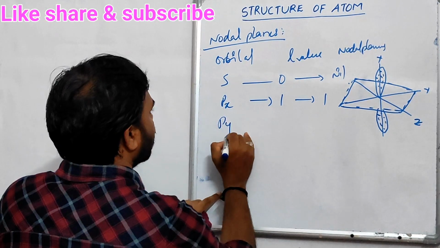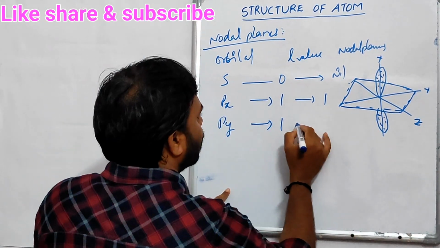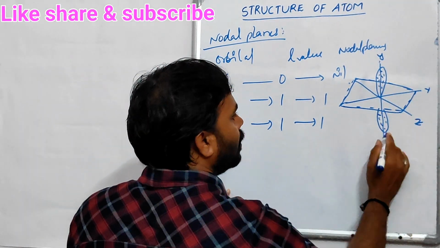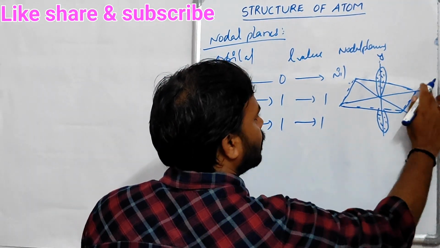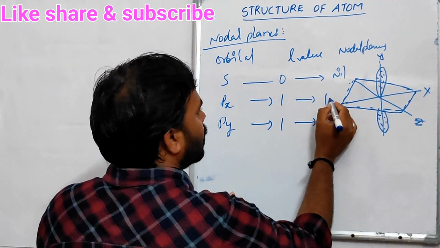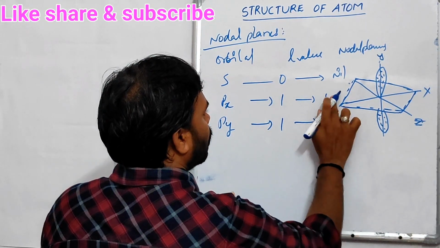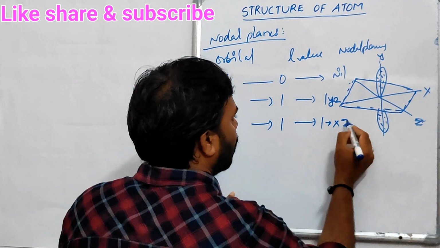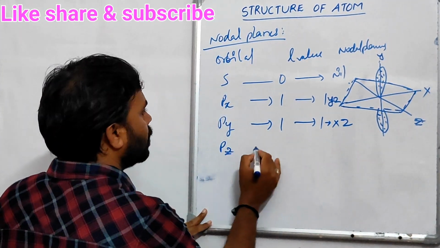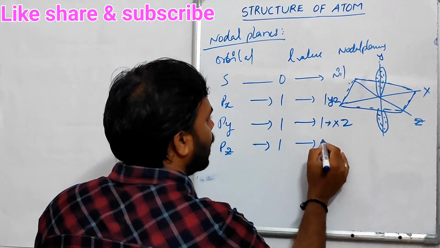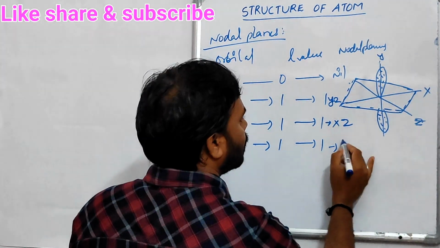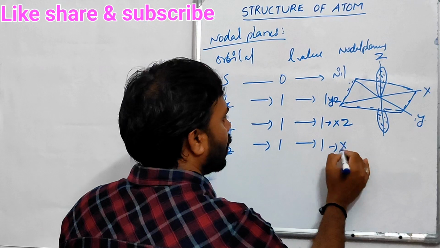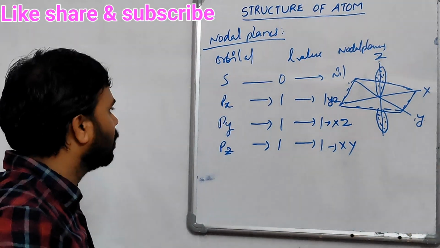For py, the L value is 1. It has one nodal plane, like this. This is the y-axis, this is z, this is x. This is the yz nodal plane. This is the xz nodal plane. For pz, the L value is 1. It has one nodal plane. This is z, this is y. The xy nodal plane.